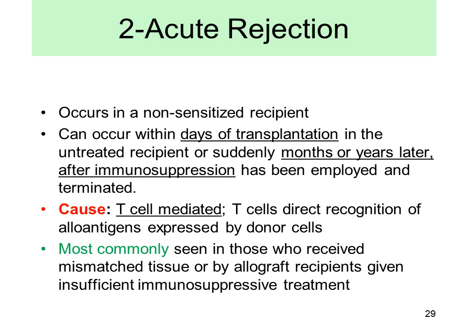The second part is acute rejection. In this case, a non-sensitized recipient. It occurs within days, and if you don't treat it, what they normally do is that if they give you a donation of an organ, they also suppress your immune system. I'm going to talk about that. But remember, this is T cell mediated, and T cells directly recognize the alloantigen expressed by the donor cell.